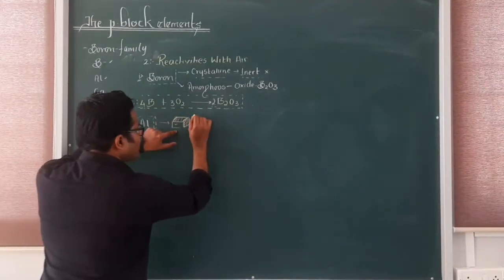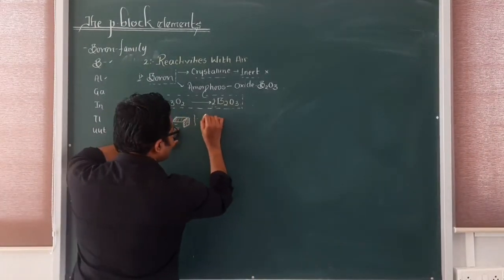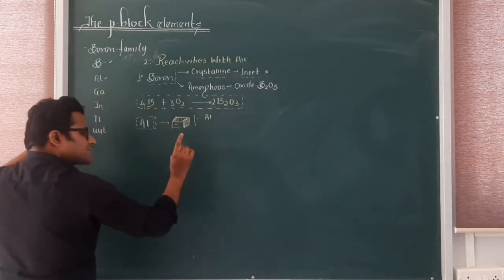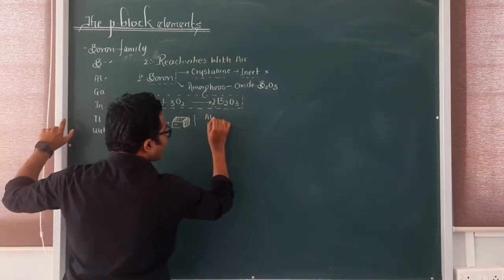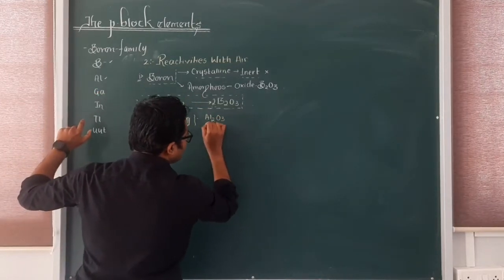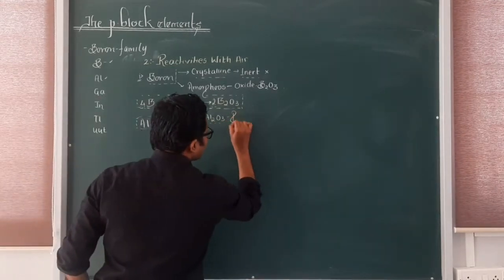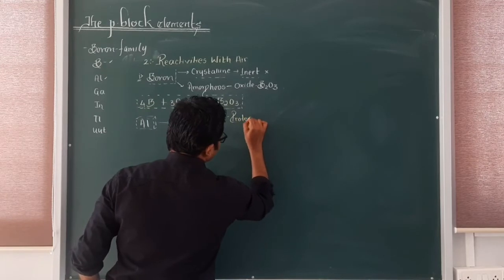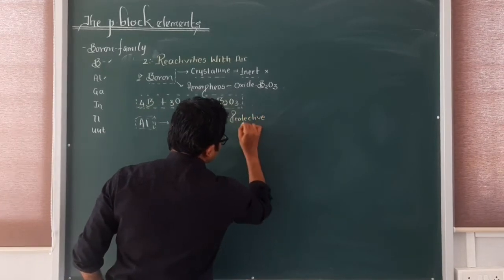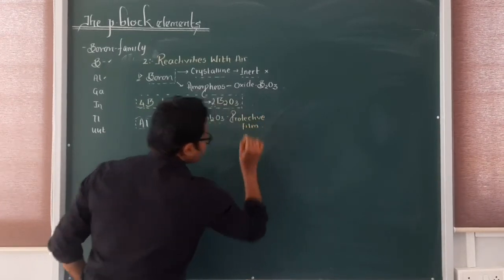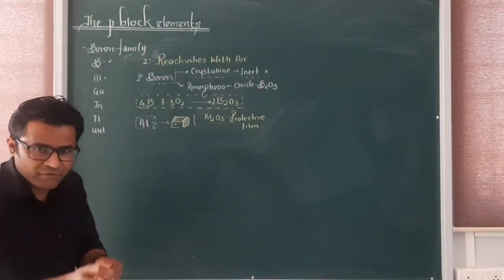Therefore, aluminium on the surface reacts to form Al2O3, aluminium oxide, which forms a protective film on the surface.